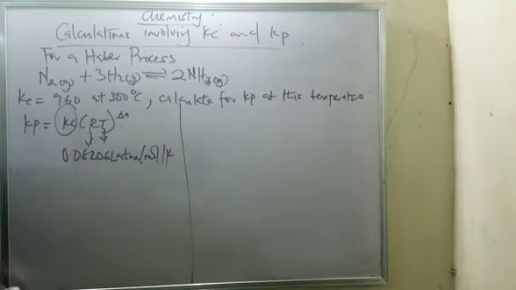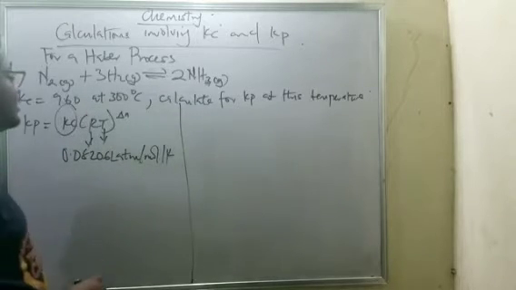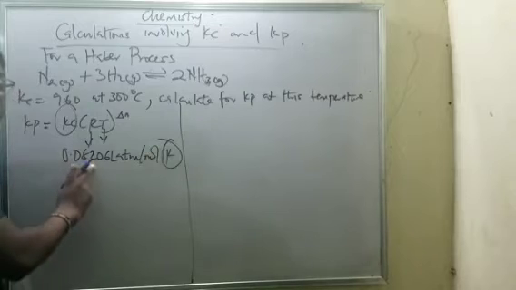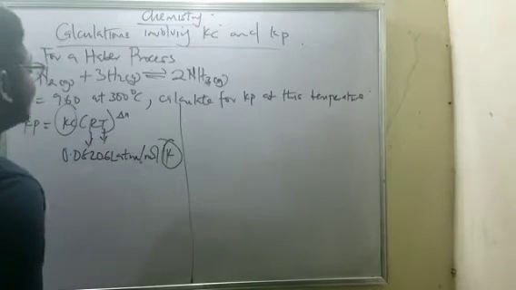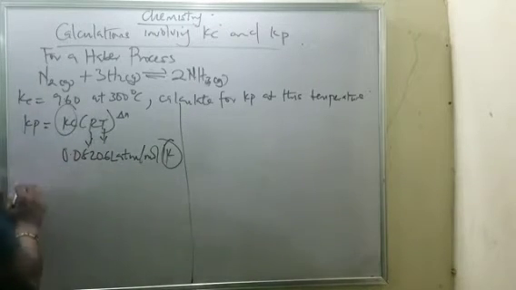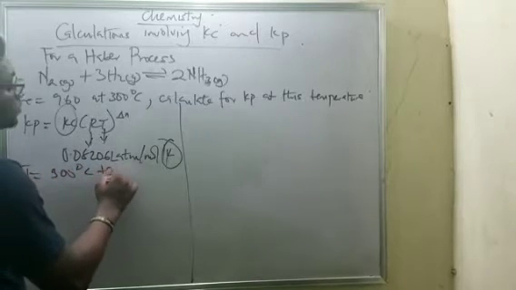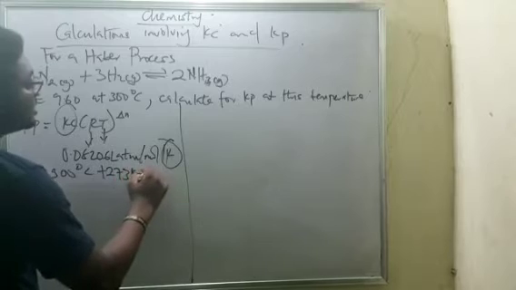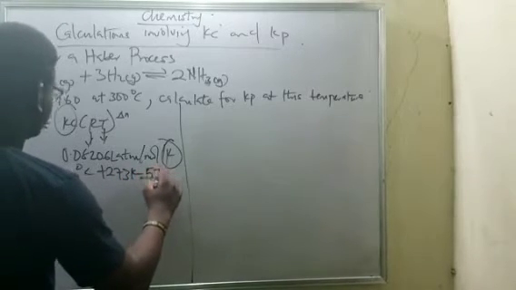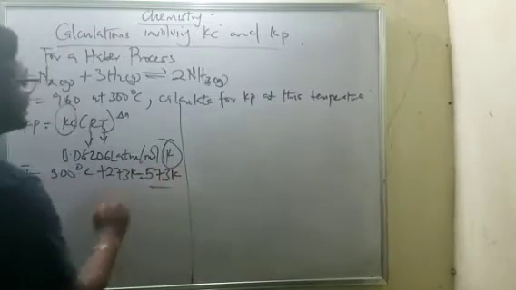We are given our temperature as 300 degrees Celsius, so we need to convert it to Kelvin, because of the molar gas constant we are using. So our T becomes 300 degrees Celsius plus 273, which gives us 573 Kelvin as our temperature.